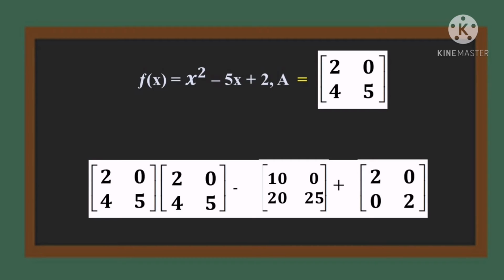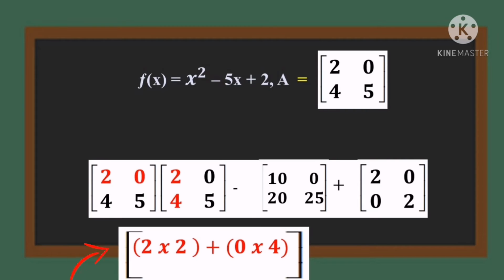Before we add the matrices, let's compute first the A squared. In this operation, the first thing we need to do is to take the numbers in the first row of the matrix and multiply them by the numbers of the first column.